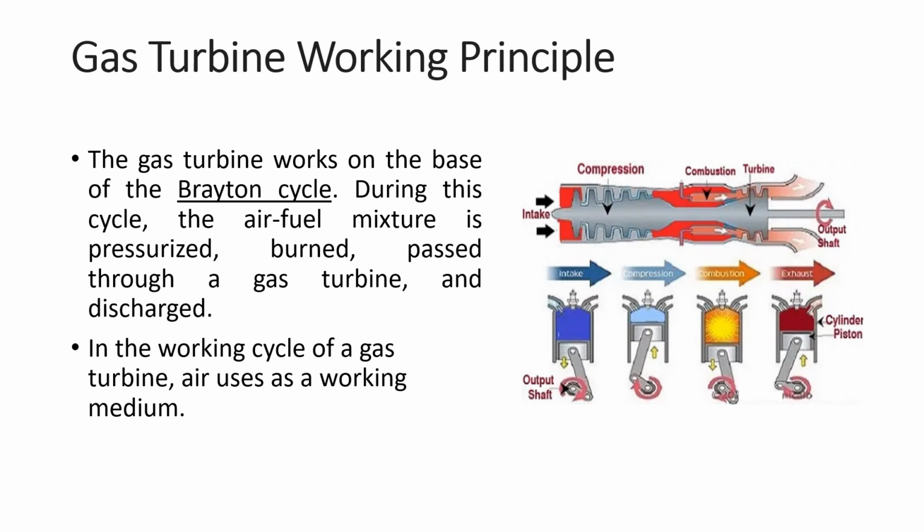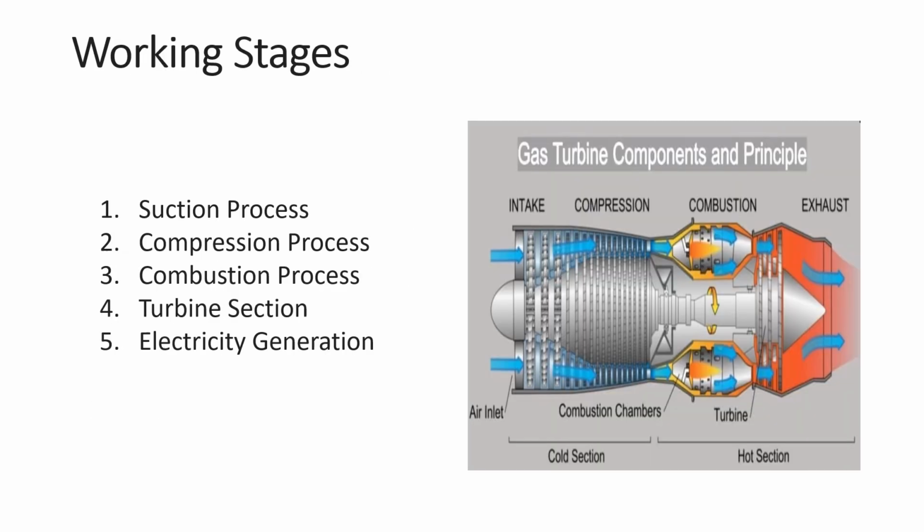In the working cycle of a gas turbine, air is used as a working medium. Following are the working stages for gas turbine: suction process, compression process, combustion process, turbine section, and finally, electricity generation.